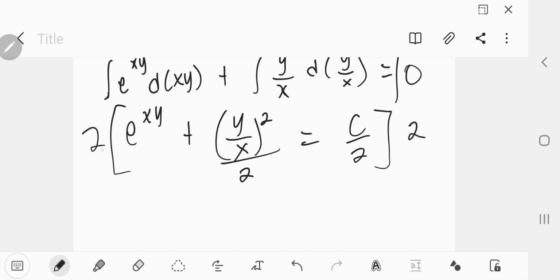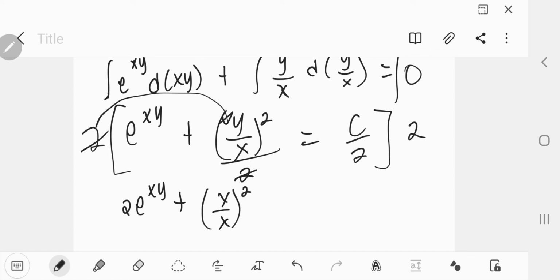So let us multiply 2 times e raised to the xy is 2 e raised to the xy plus, multiply this one, so we have cancellation. So we have (y over x) raised to 2 is equal to, we have cancellation, so c.